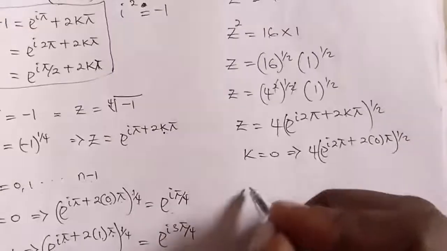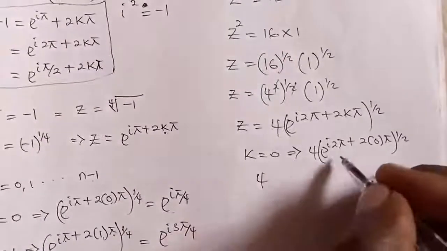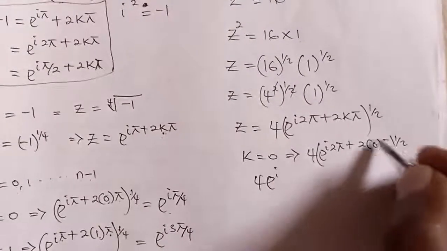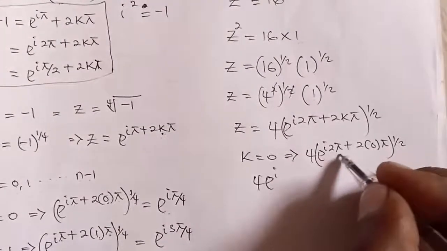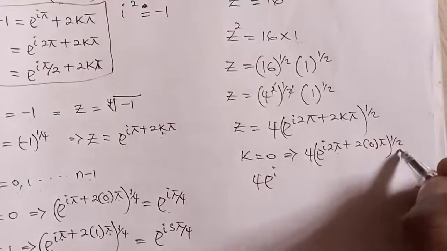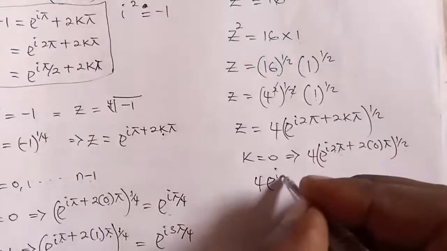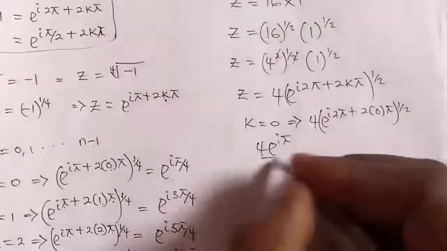So here we have 4, first of all, e and i. 2 times 0, all of this place is 0. 2 pi is left. 2 pi times 1 is 2 pi, 2 pi over 2. So 2 can cancel out the 2. We have only pi left. So e to the i pi. So this is the first answer.